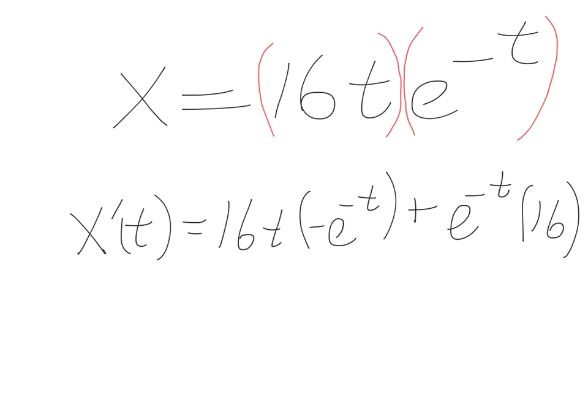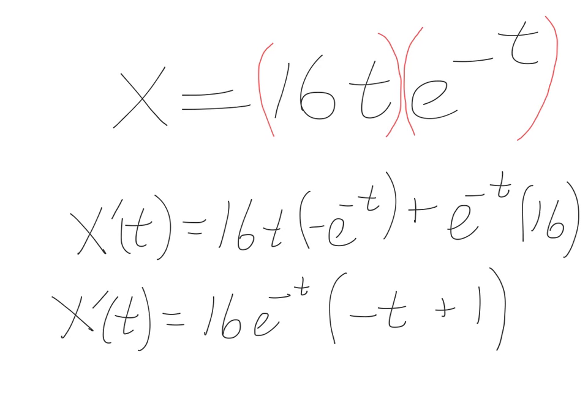Notice the effect of the product rule is usually to take two equations times each other as just one thing, and make it into two equations times each other, and then add it together. So the product rule generally expands a single equation.